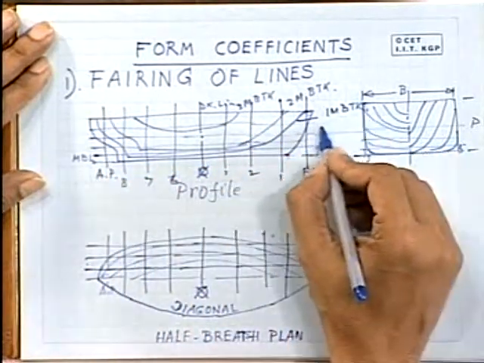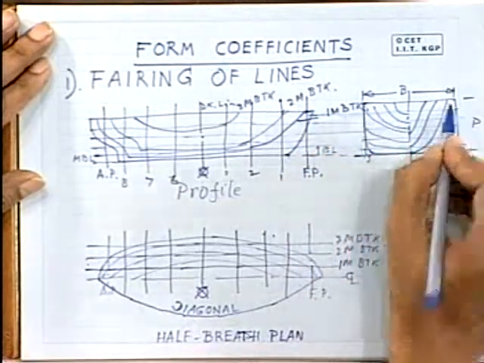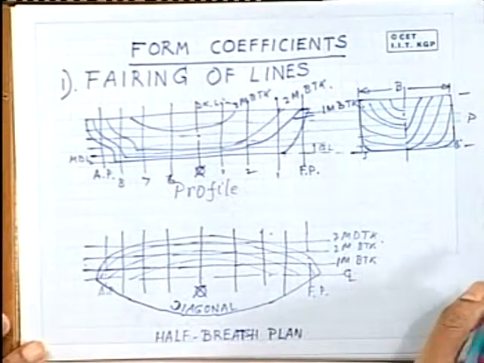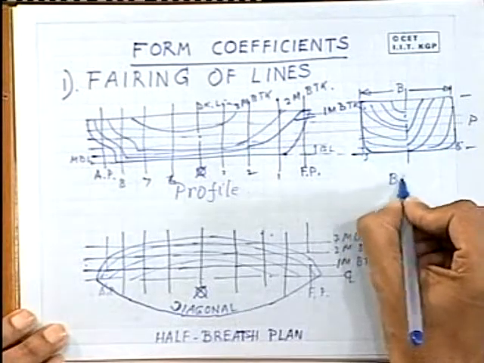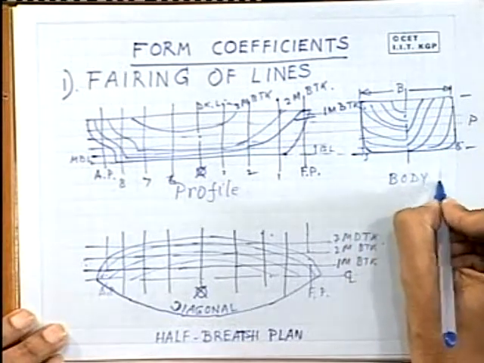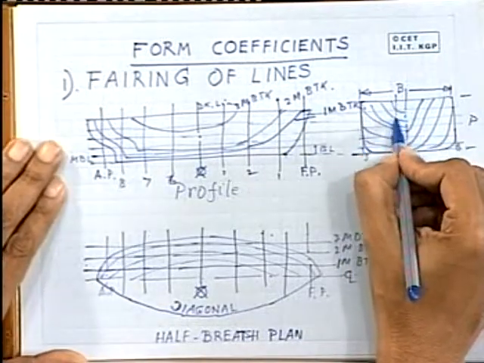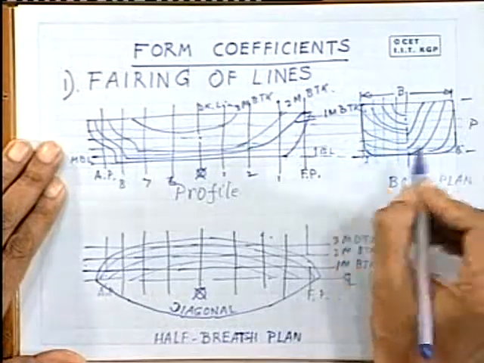So this is in short the lines drawing that has been obtained from a set of offsets. Just today I will be talking about the fairing, and on the body plan this is the body plan sections. Here again one can mark the buttock lines at distances from the center line.